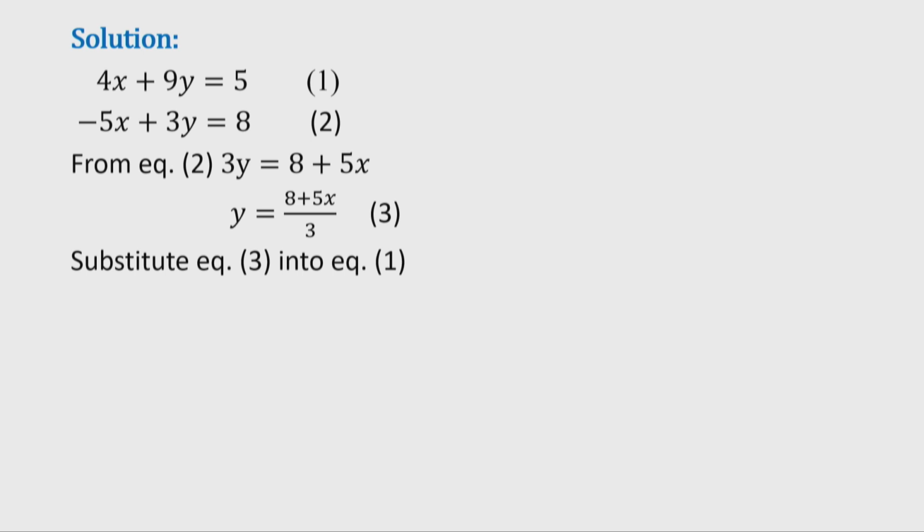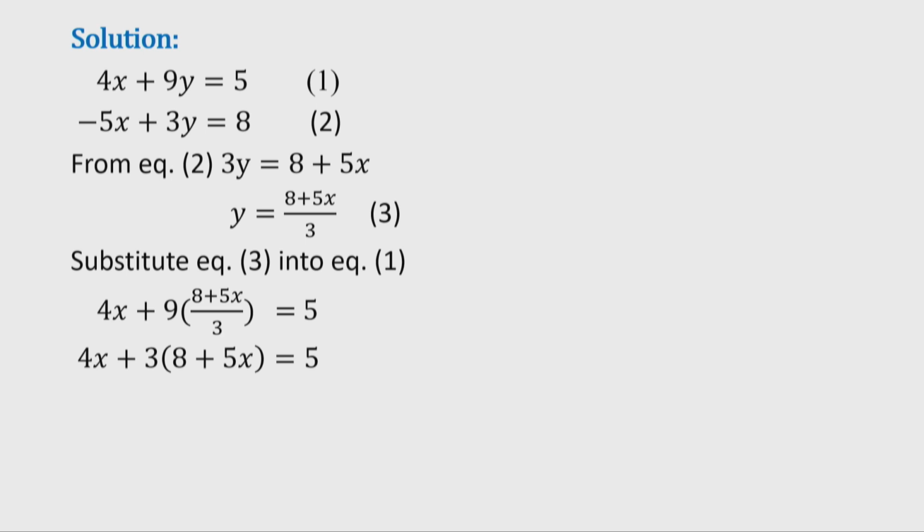This means that I will replace y in equation 1 by (8 plus 5x) over 3, which will give me 4x plus 9 into (8 plus 5x) over 3 equal to 5. So here we can see that 3 will cancel with 9, and I will get 3. This will give me 4x plus 3 into (8 plus 5x) equal to 5.